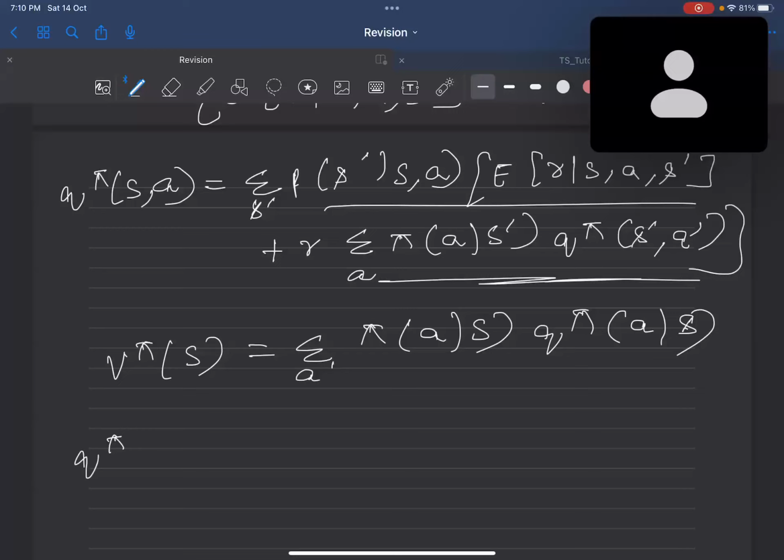Yes, let's proceed. Please confirm. I wanted to write Q pi of s comma a is equal to, can you write, and then we think about it.